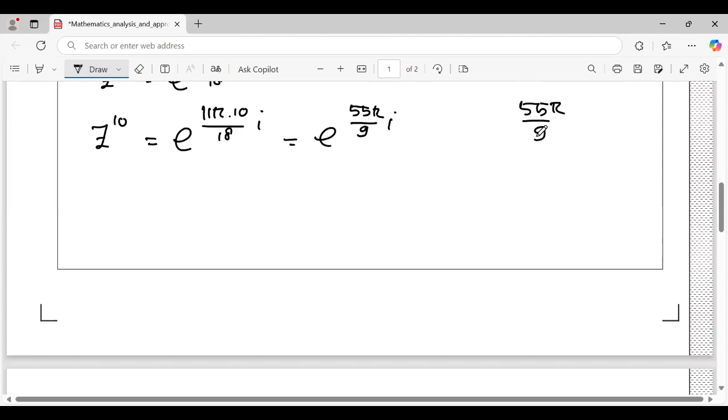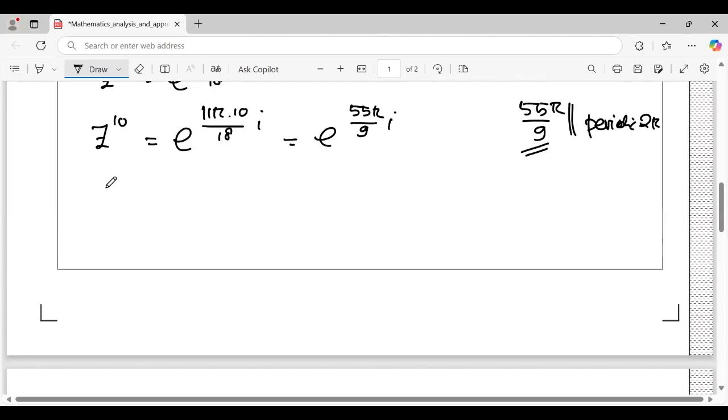Since the angles in the complex plane are periodic, with a period of 2 pi, we can reduce 55 pi over 9 by subtracting multiples of 2 pi, so we have an angle in the range 0 to 2 pi.